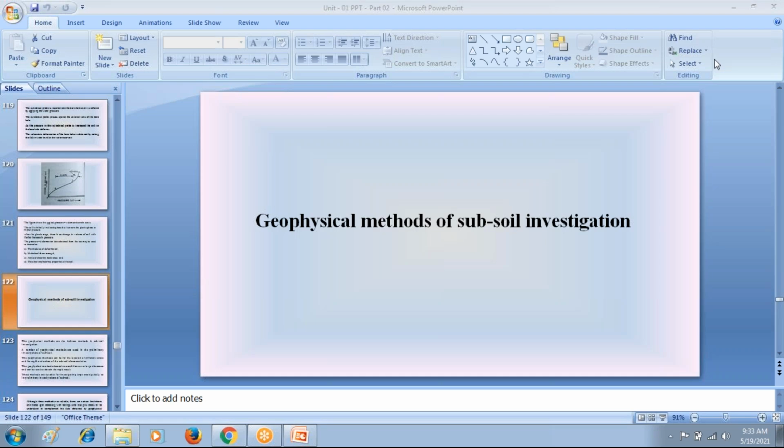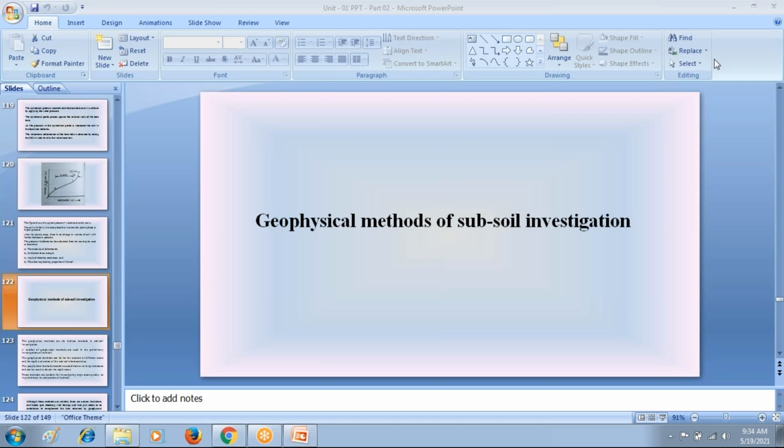So in today's class, I am going to explain what these geophysical methods are, and how we can use the geophysical methods in subsoil exploration to study the properties of soils below the ground level. Now follow this geophysical methods procedure carefully. In the geophysical methods, we study the properties of soils, the different soil layers below the ground level.